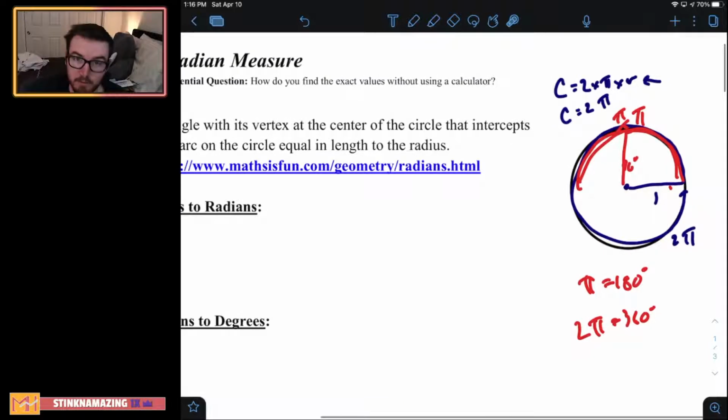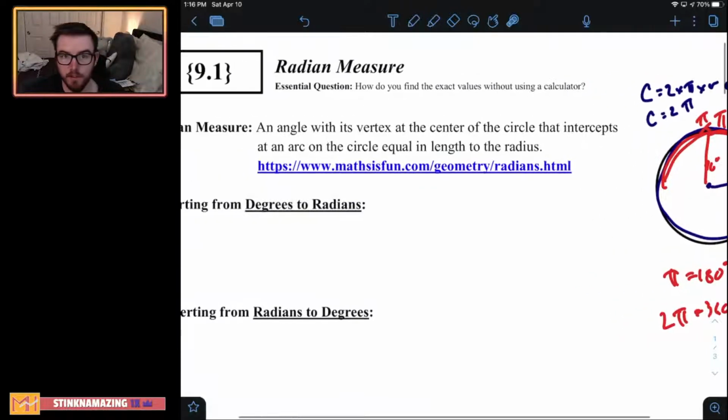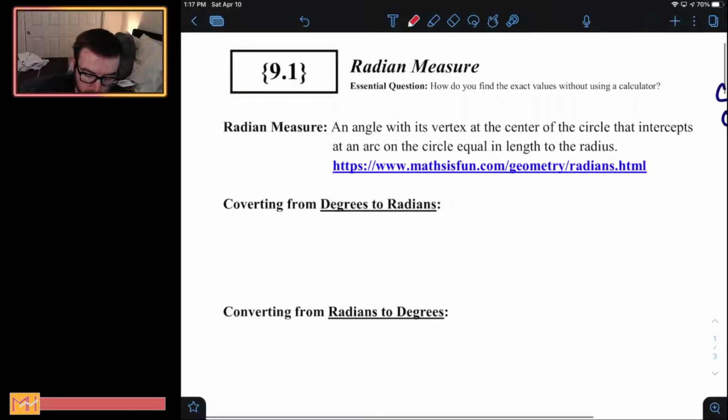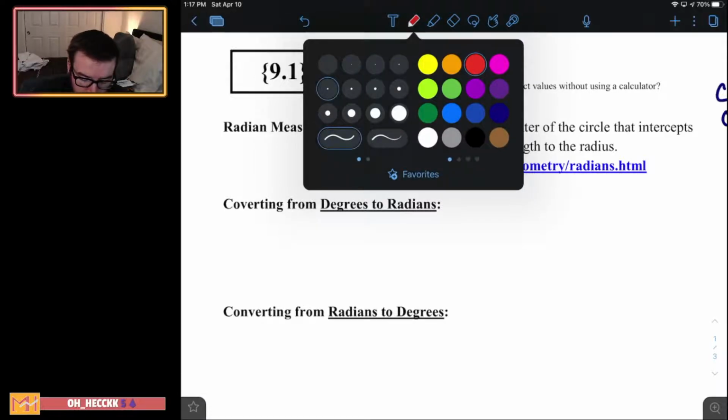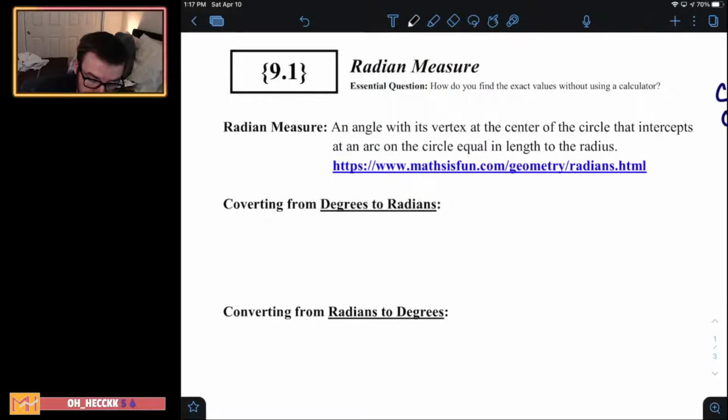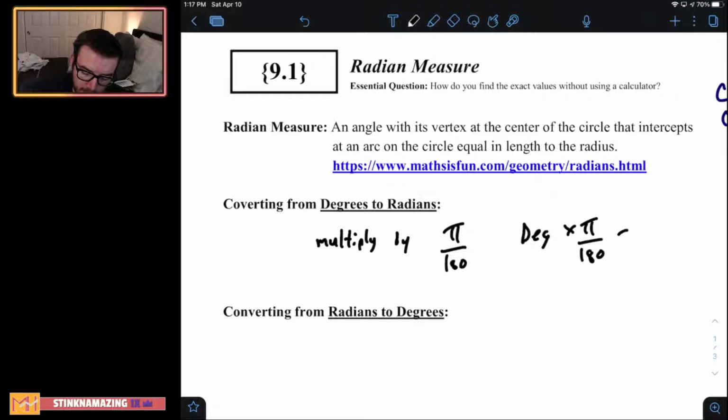So that is what radians is. And there's a simple way to convert between degrees and radians. If you want to go from degrees to radians, you multiply by pi over 180. So you take your degree measure, you multiply by pi over 180, and radians spits out.